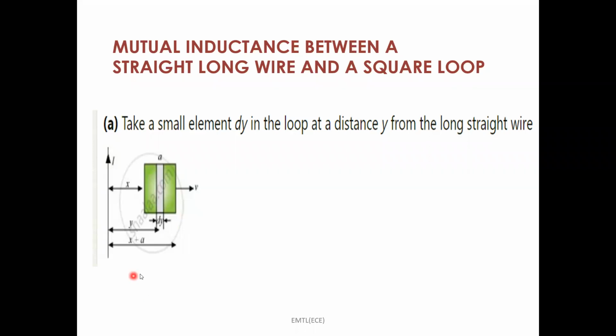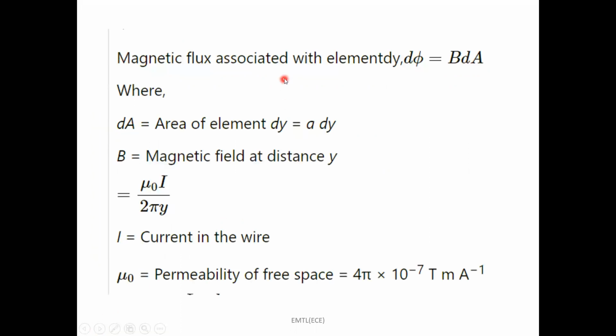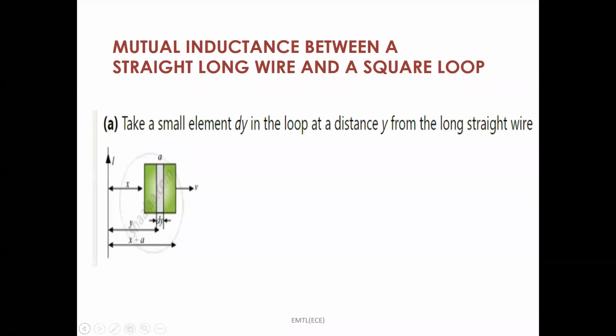Now, according to the magnetic flux associated with an element dy, when you observe this figure, whenever a current is passed through this wire, automatically in the surroundings of the wire a magnetic field is developed.